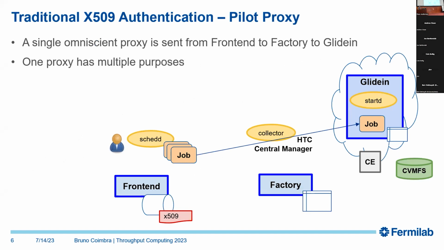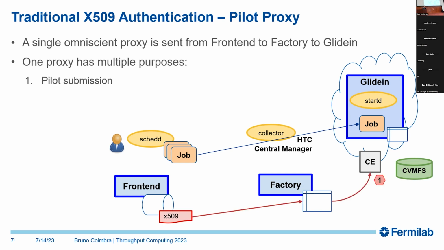So up until before the transition, the model that we had was the traditional X509 authentication with a pilot proxy. In this model, we have one all-knowing, all-present proxy. It starts here from the front end and will perform several purposes as it goes through the system.